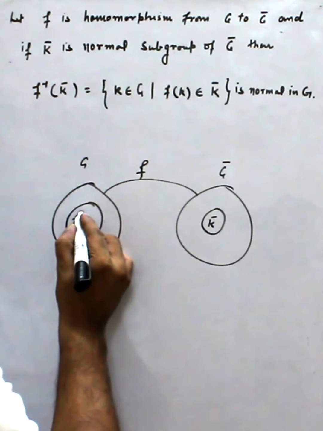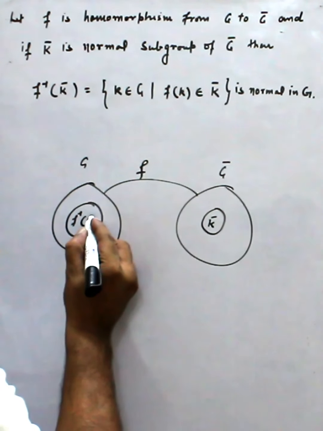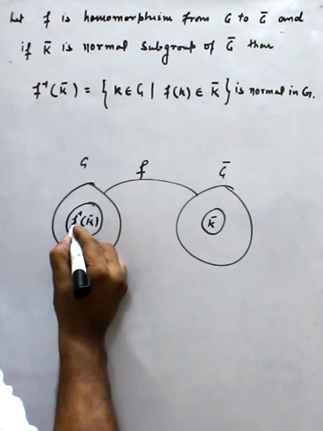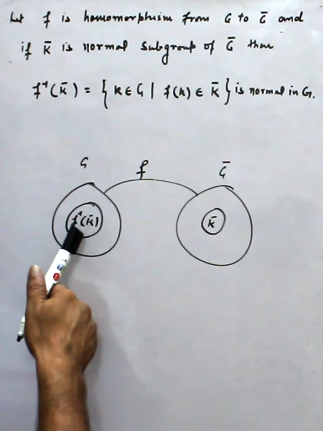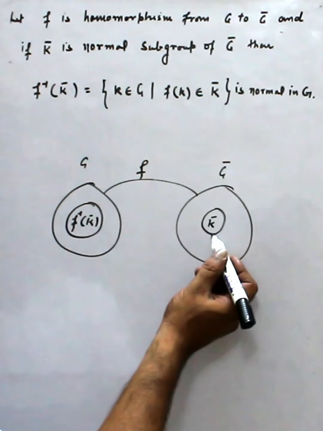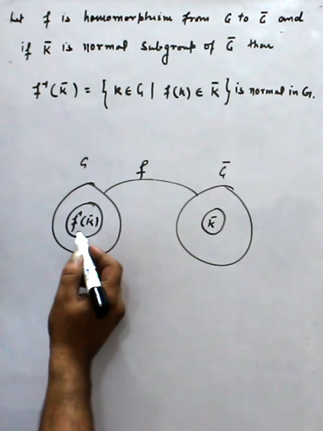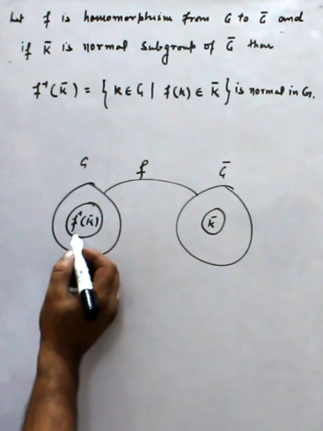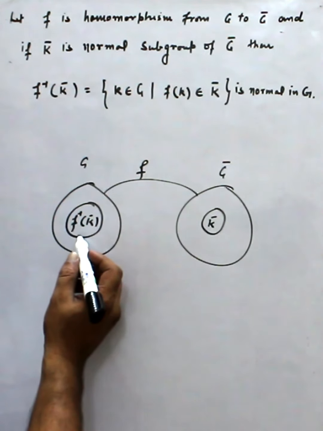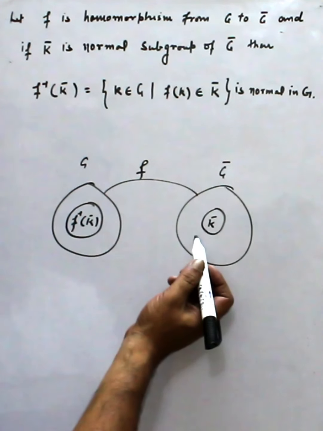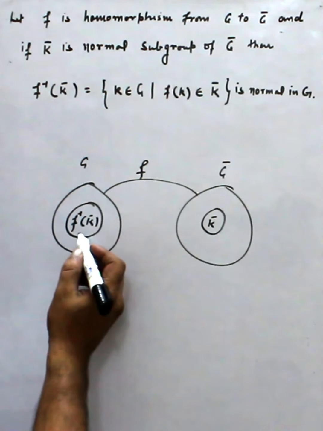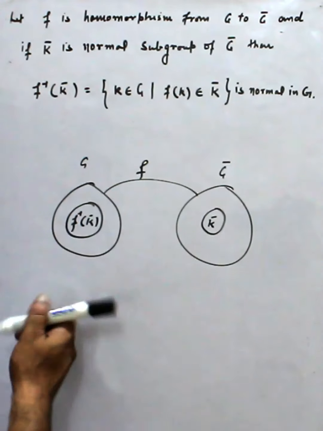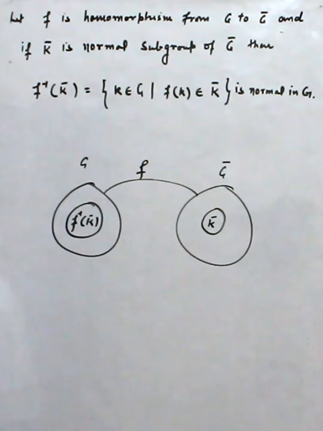f inverse K bar. So we have to show this is normal. Obviously, first we can easily show that this is a subgroup, then we show it is normal. The subgroup part is easy, just by using the one step test we can prove it.